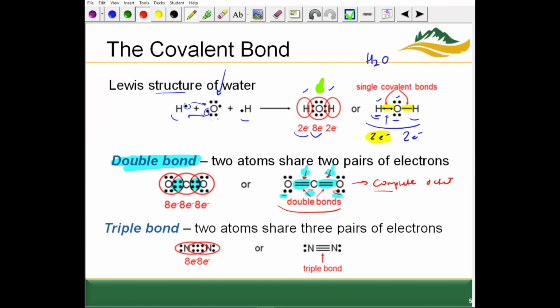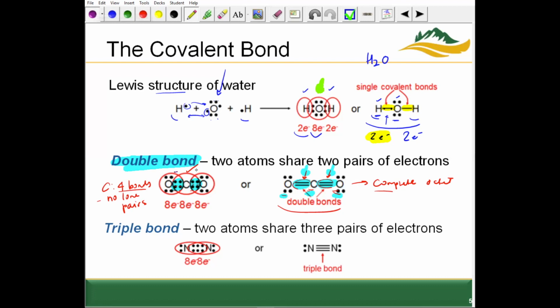How does carbon have a happy complete octet? Well, here's 1, 2, 3, 4 electrons, 5, 6, 7, 8. Carbon is happy with a complete octet with two double bonds, 4 bonds total, and no lone pairs of electrons on the carbon. So here in this structure, carbon has 4 bonds around it and no lone pairs.